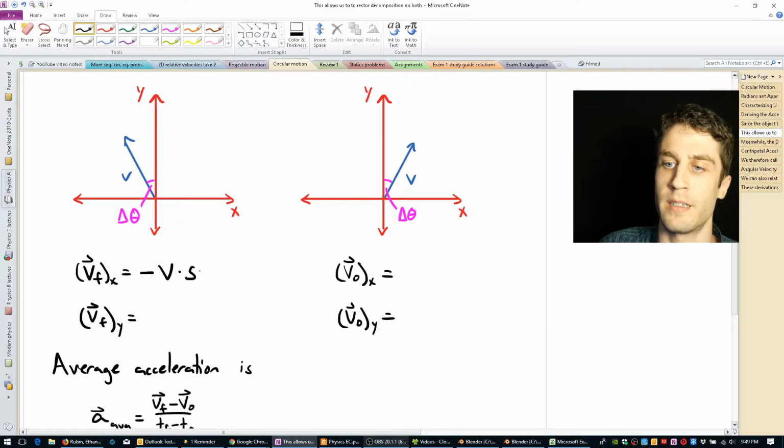It's opposite, and so it's going to be the sine of delta theta. v final y, let me actually just draw that explicitly. That's adjacent to theta. Positive or negative? It's in the positive y direction. Positive, magnitude of the vector, v. Sine or cosine? Well, it's adjacent to theta, so it's cosine of delta theta.